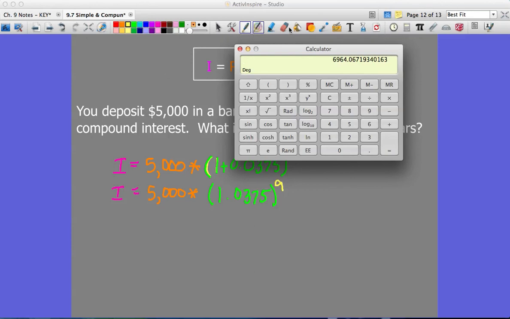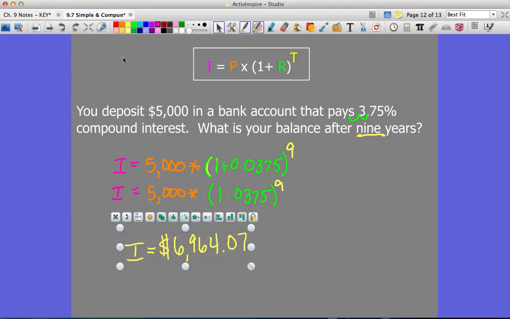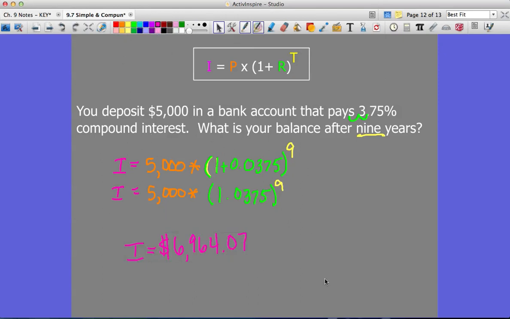So $6,964.07 is my interest. Now, that's a lot of interest for 9 years.